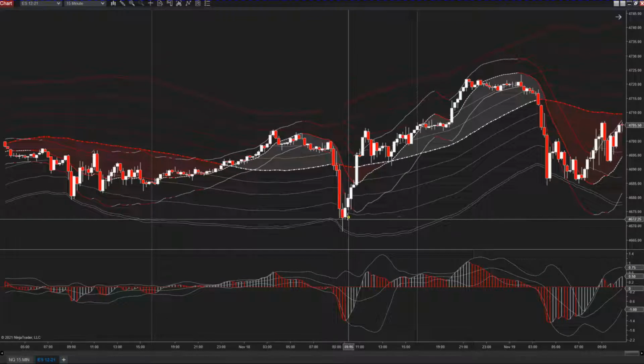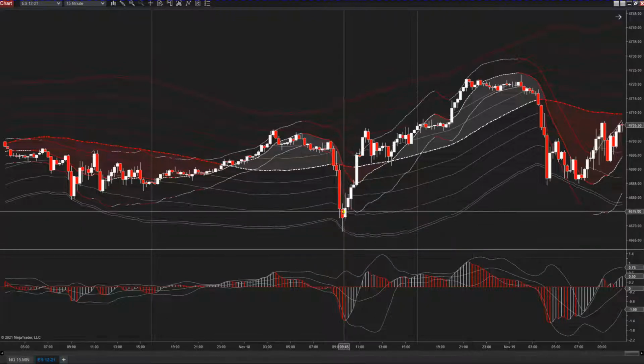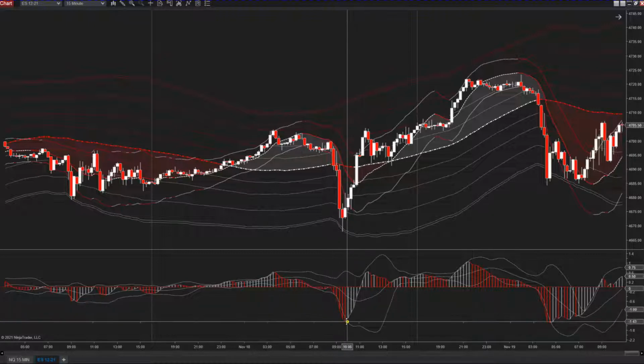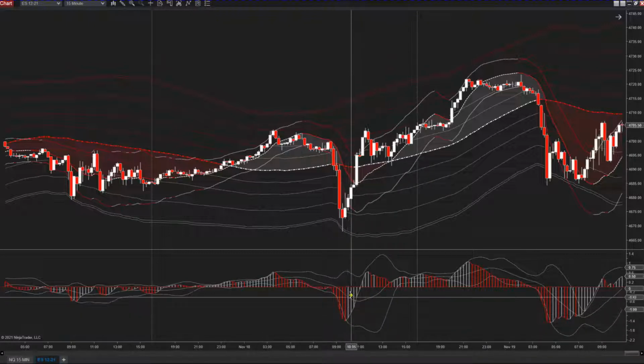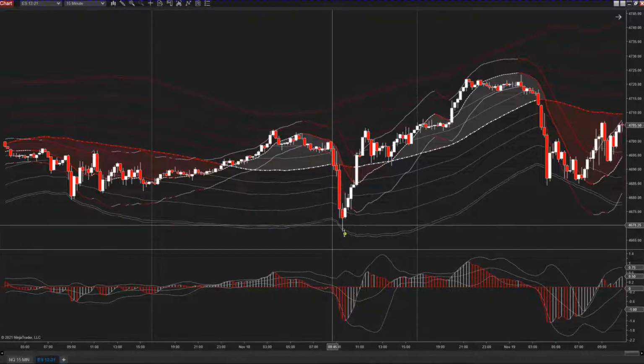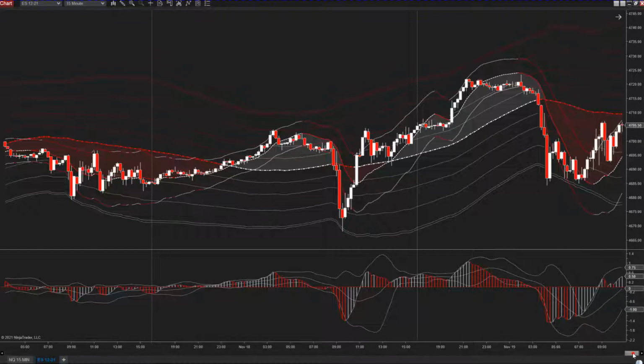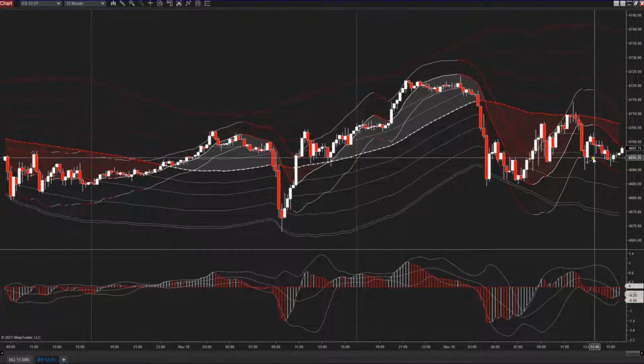Here is the perfect entry right here. A little outside the momentum band, come back in, and a bounce on my out of bounds going back in. So this, I don't know, would help you. It helps me. Hopefully it would help you too.